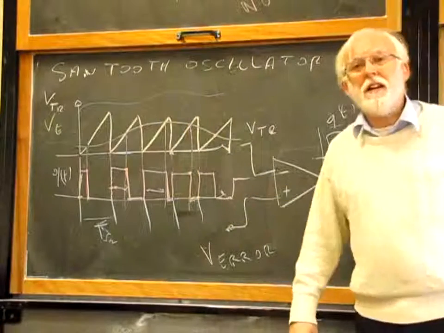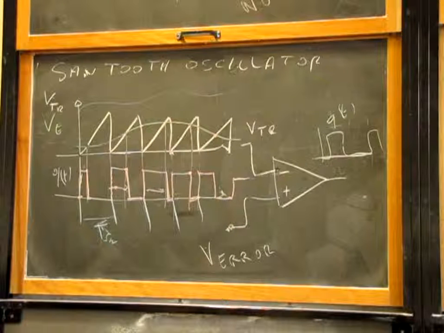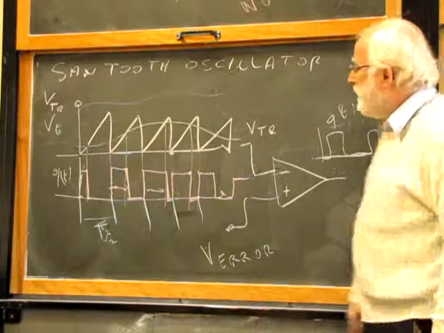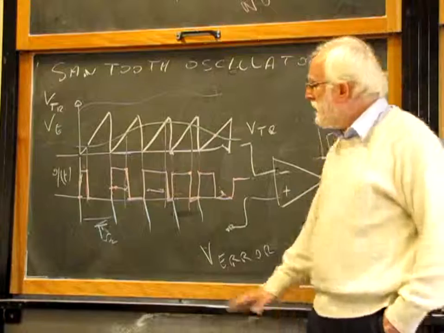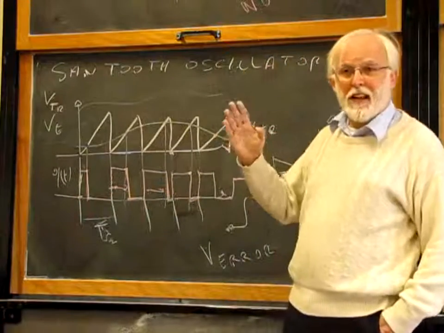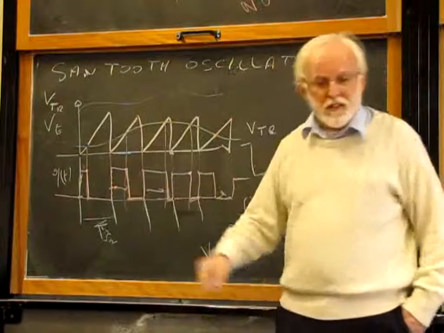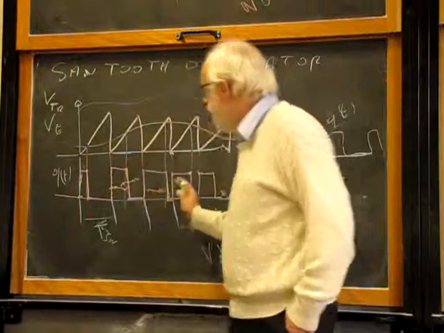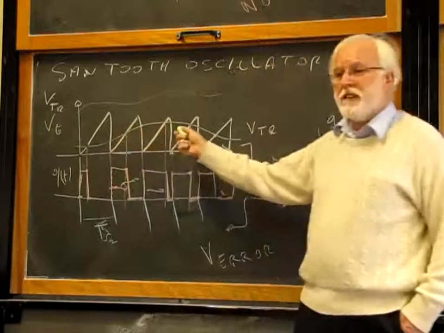This is not the only way of implementing a PWM modulator, pulse width modulator. This is called single edge modulation, because the start of these pulses is at periodic times and the end of these pulses is modulated by the amplitude of the error signal.